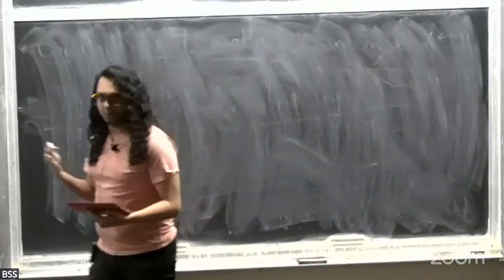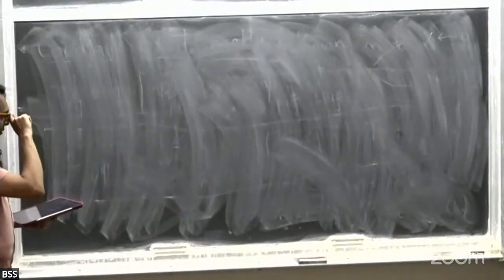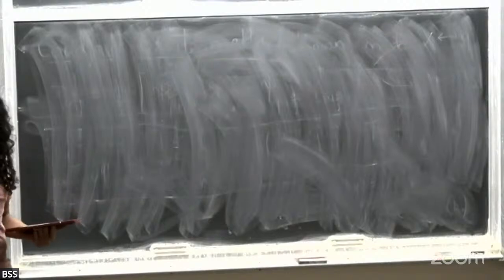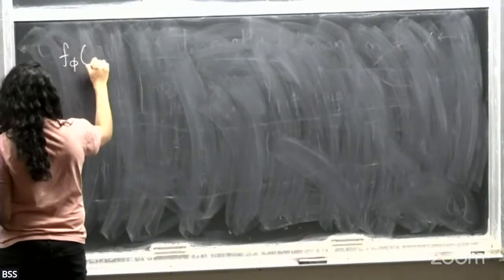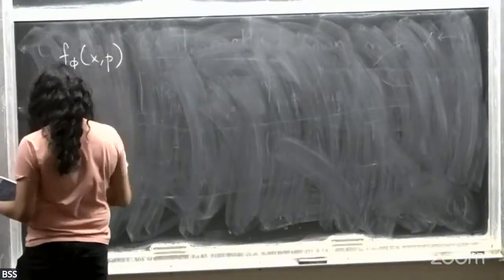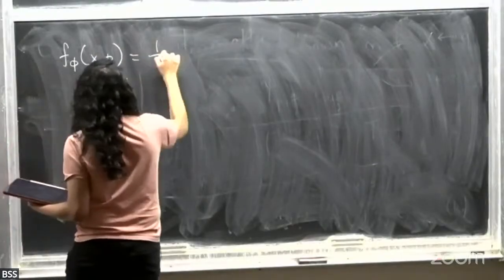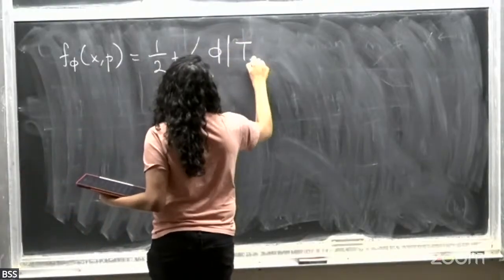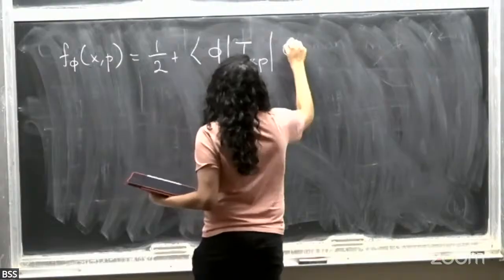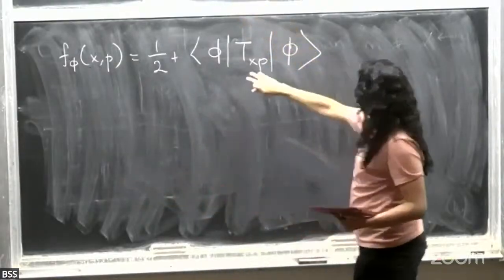So in order to get a physical interpretation of what this coherent state is, specifically as a shape deformation of the Fermi surface, let me define the occupation number function. This is going to be one half plus the expectation value of this bilinear object in the state φ.